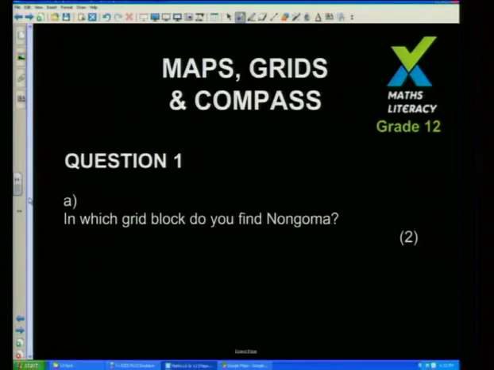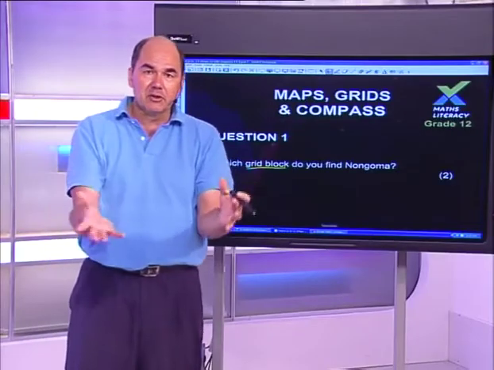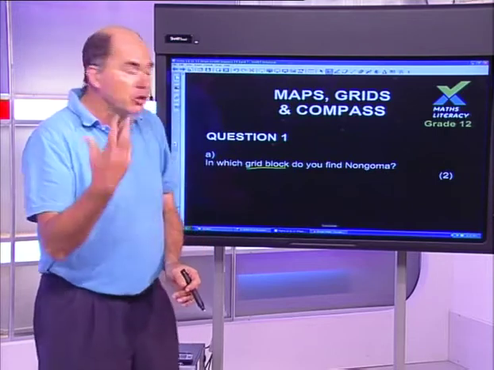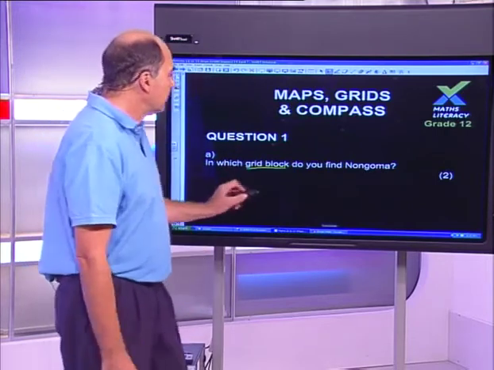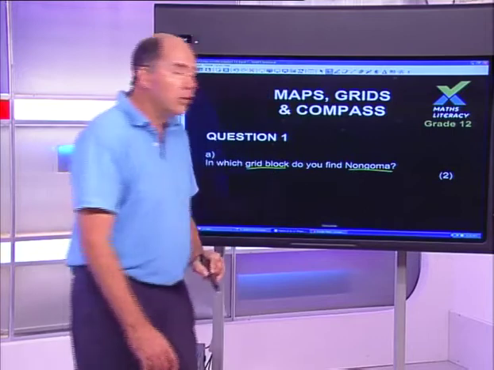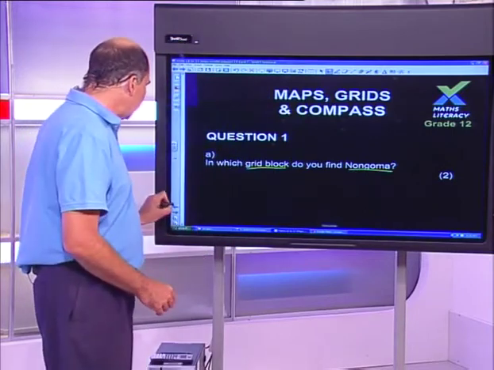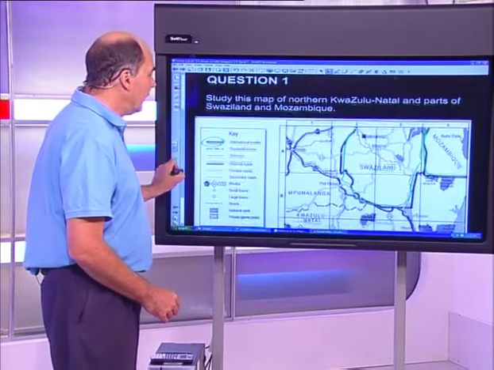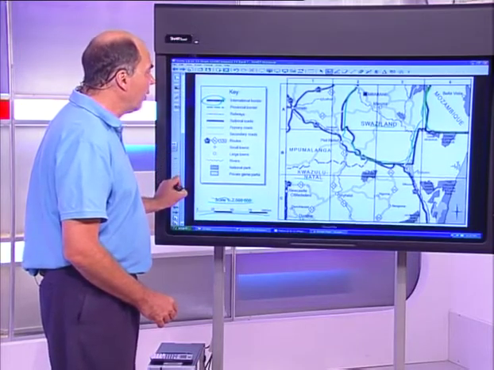The first question here says, in which grid block? Now remember I said maps are divided into grid blocks. There are letters on one side and there are numbers on the other. Which grid block do we find Nongoma? Okay, let's go back to the map and let's see. Well, the grid block, where are we?